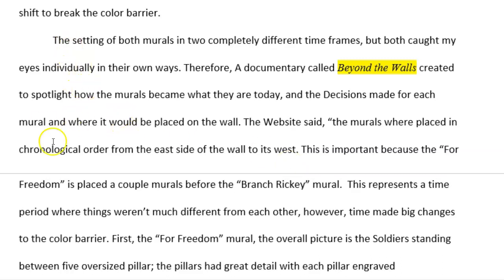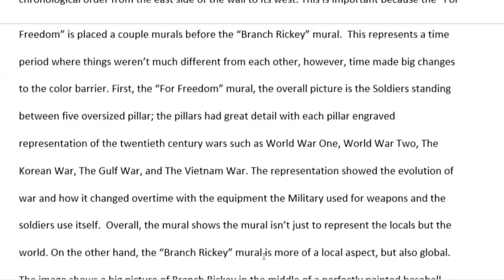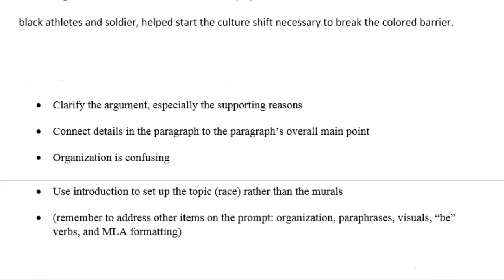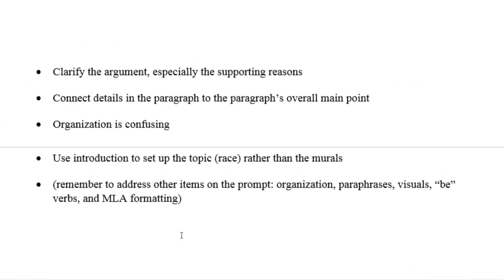So I think this paragraph you're probably going to have to end up rewriting, because it's built on an assumption that the murals are placed in ways that they're not actually placed. But I'm not sure what else is going on here, particularly towards the end of the paragraph. So to recap, I think clarifying the argument, especially the supporting reasons: are you really talking about action, setting, and all that, or colors, or what have you?